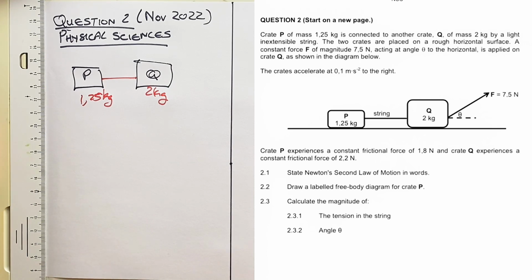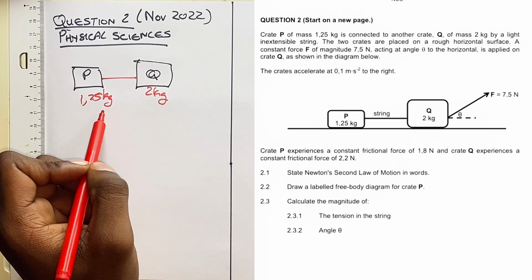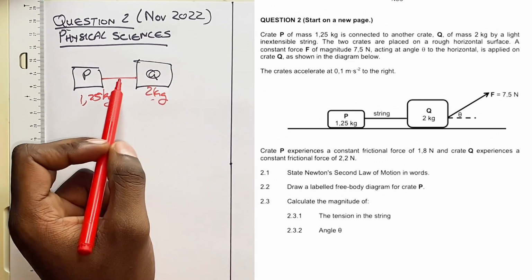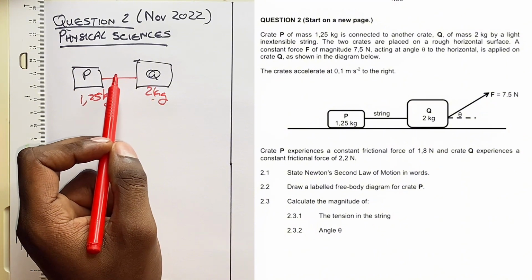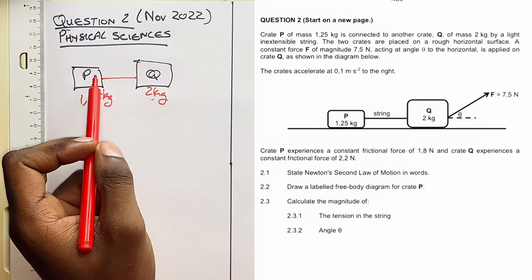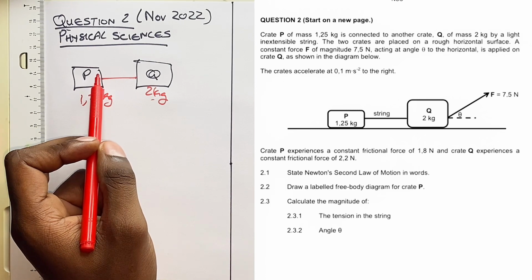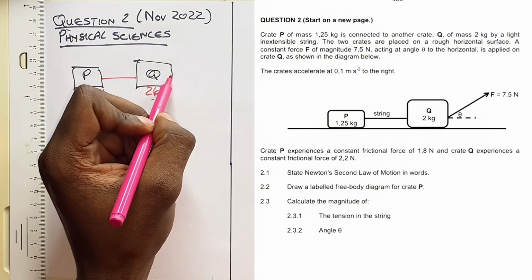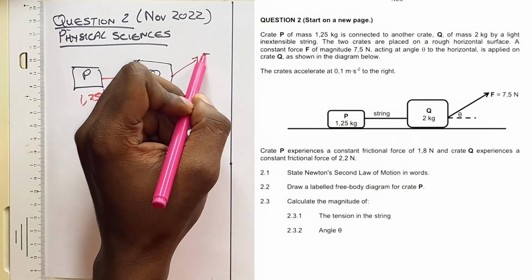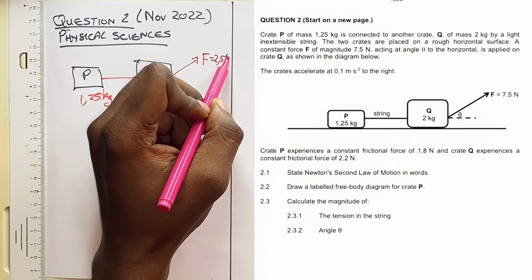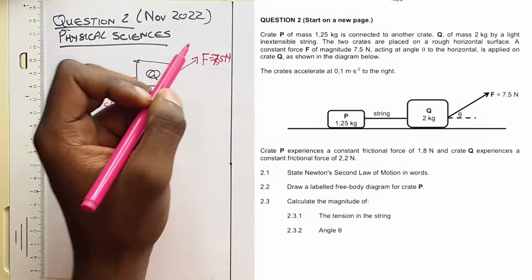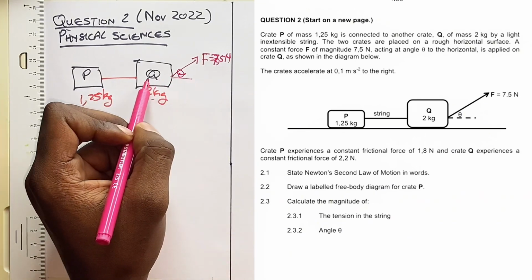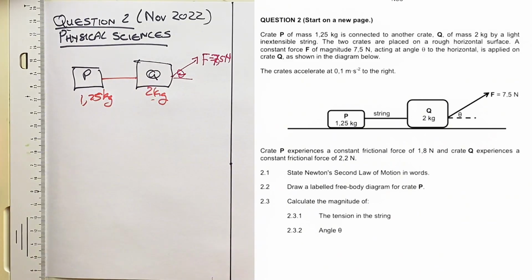Now it says grade P of mass 1.25 kg is connected to another grade Q of mass 2 kg by a light inextensible string. The two grades are placed on a rough horizontal surface. A constant force F of magnitude 7.5 newtons acting at an angle theta to the horizontal is applied on grade Q as shown in the diagram below.